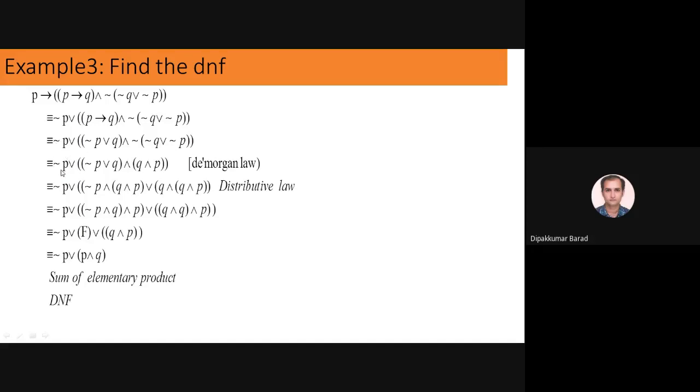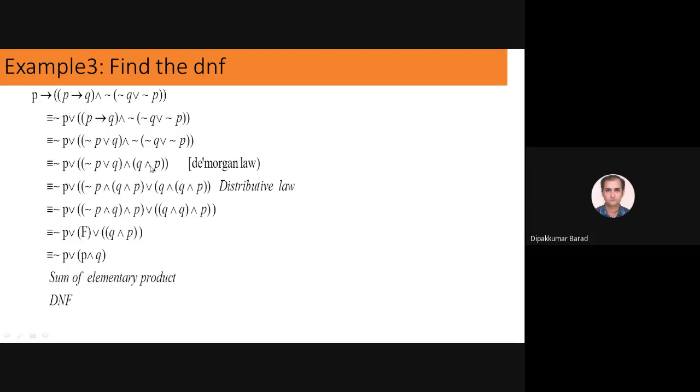Now I apply the negation inside the bracket using De Morgan's law. So not Q becomes Q, instead of or I get and, and not P becomes P.